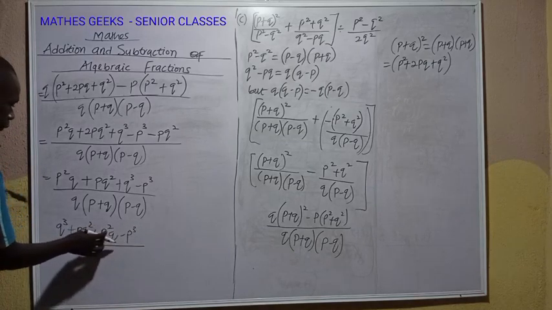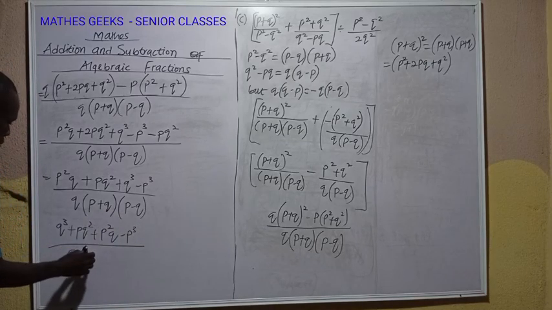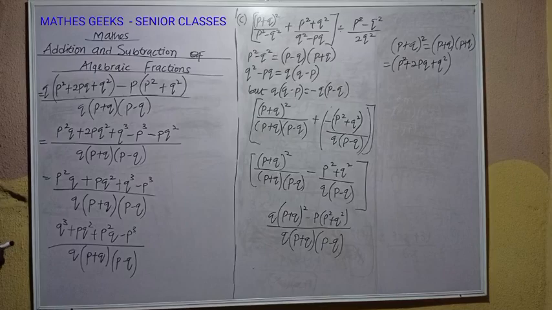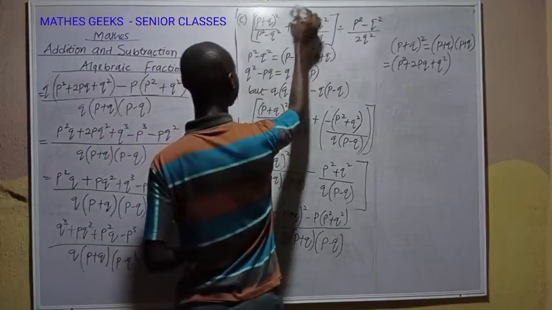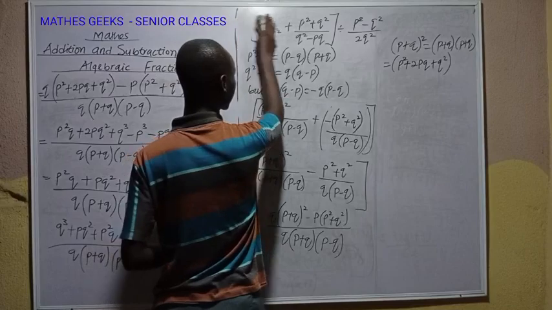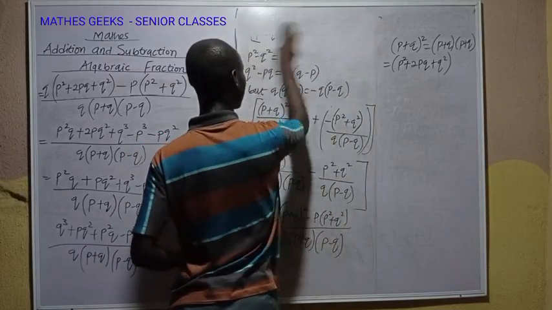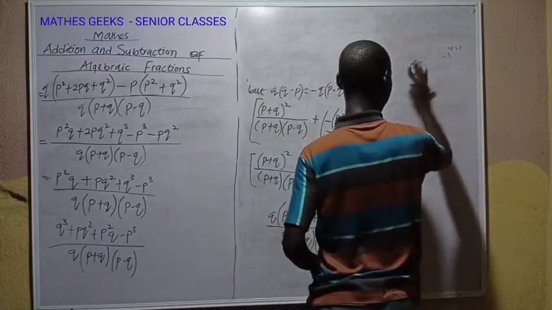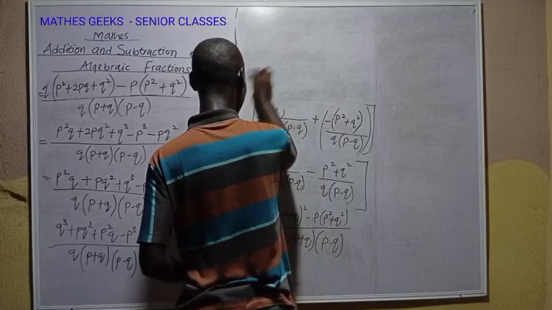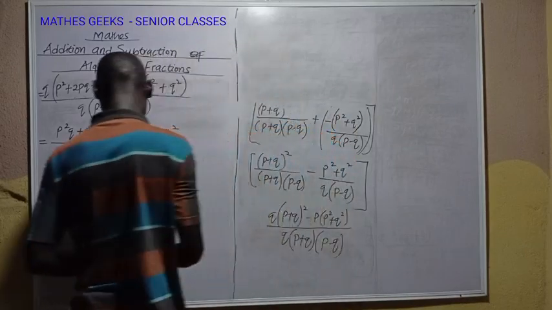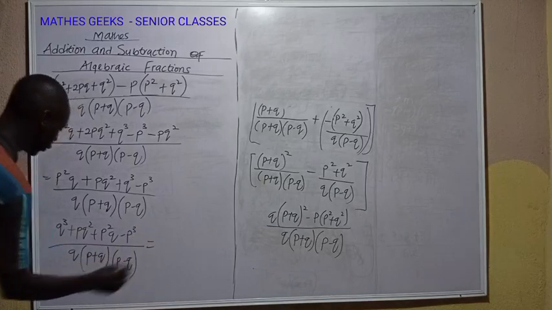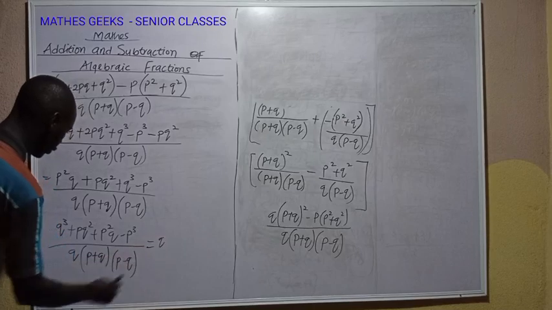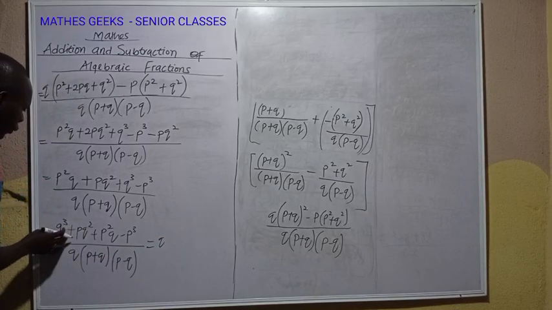Rearrange so that we can factorize. This is over q(p plus q)(p minus q). What's common? q squared is common.